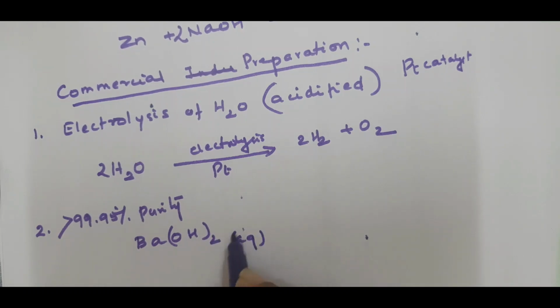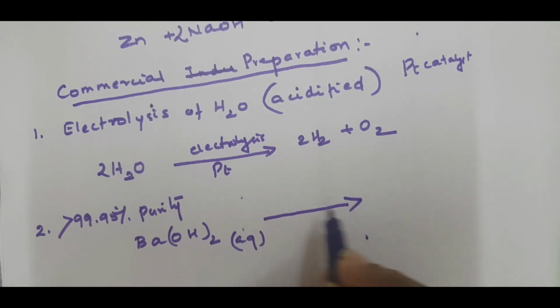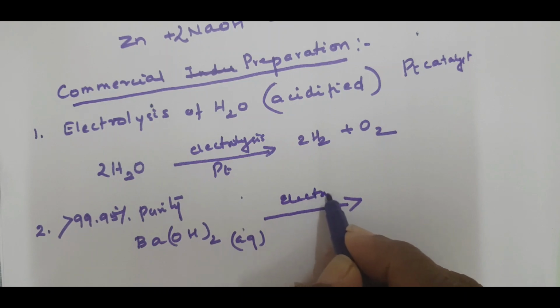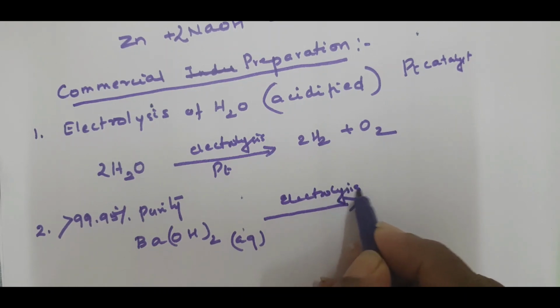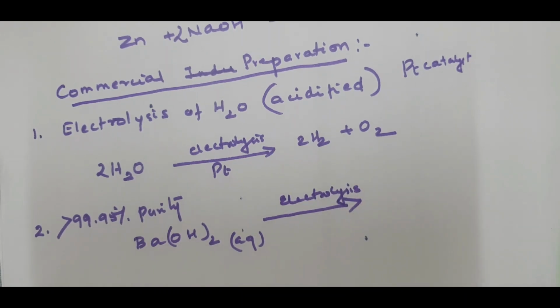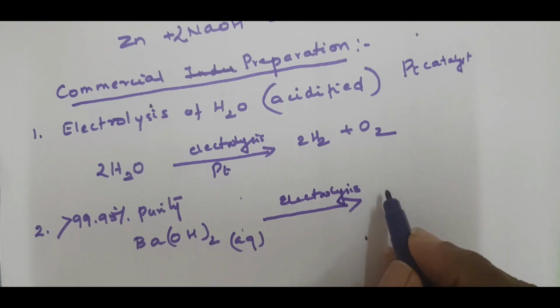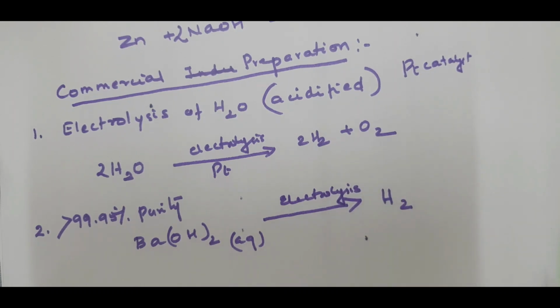See, aqueous barium hydroxide on electrolysis. Electrolysis means under the electricity, what you will get? You will get hydrogen, very pure hydrogen. Here it is not platinum as a catalyst; here you will use nickel as a catalyst.